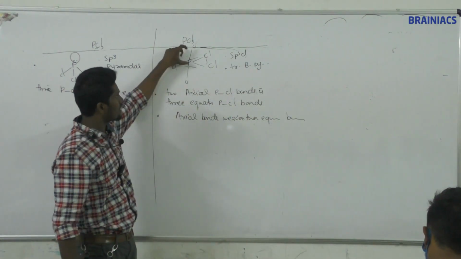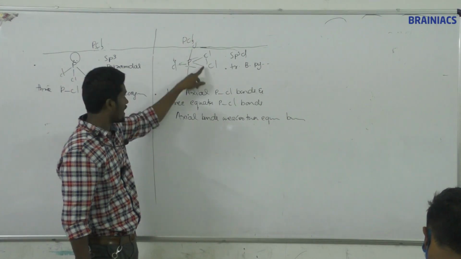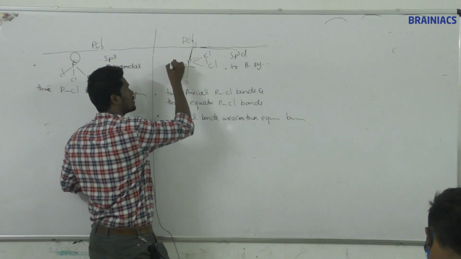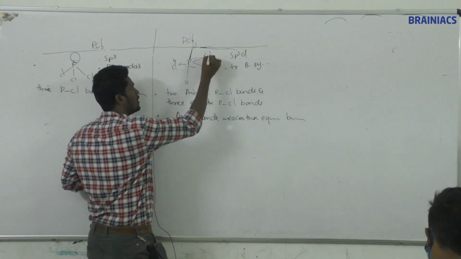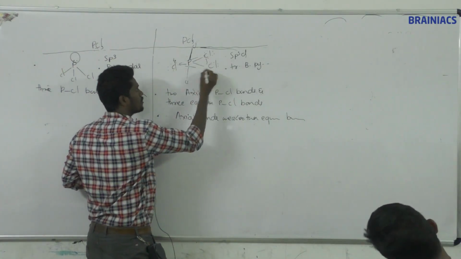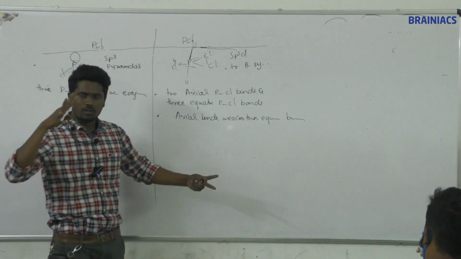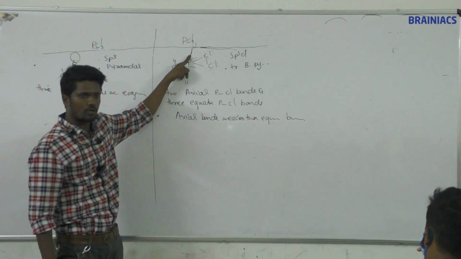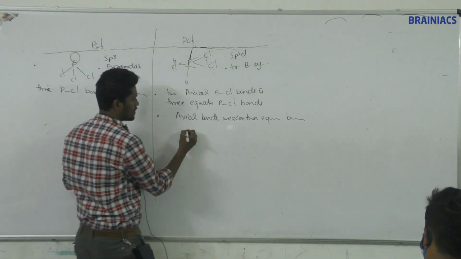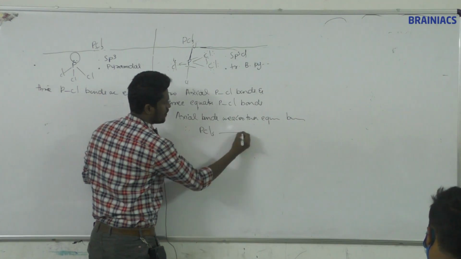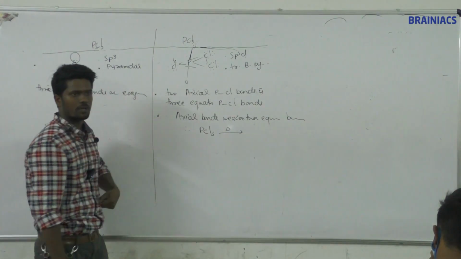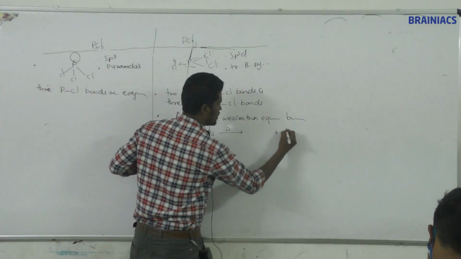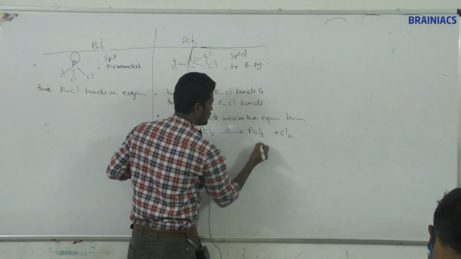That means the axial bonds have a larger bond length than equatorial bonds, as they suffer more repulsion. So which is the weakest bond? Axial bond. Therefore when PCl5 is heated, which bonds break, axial or equatorial? Axial. So it gives Cl2 plus what? PCl3.